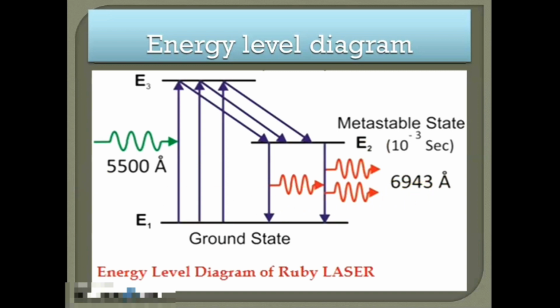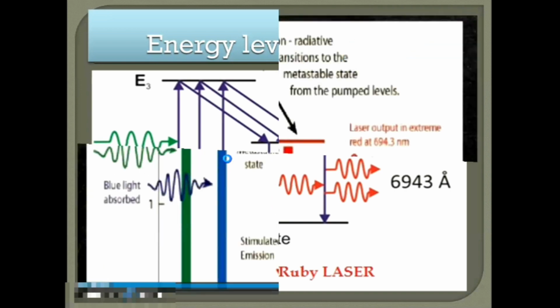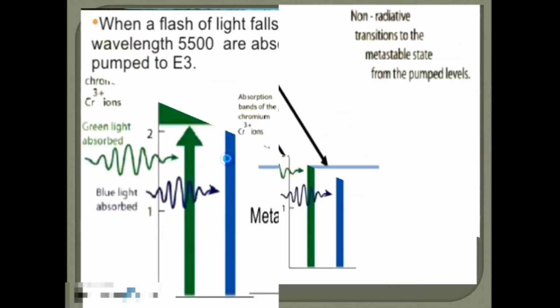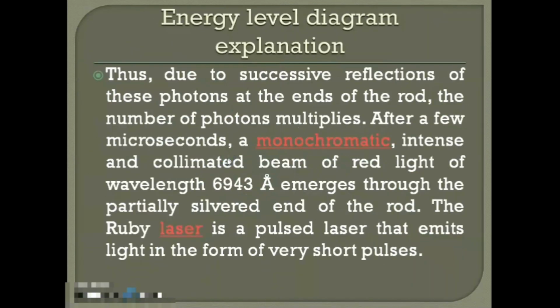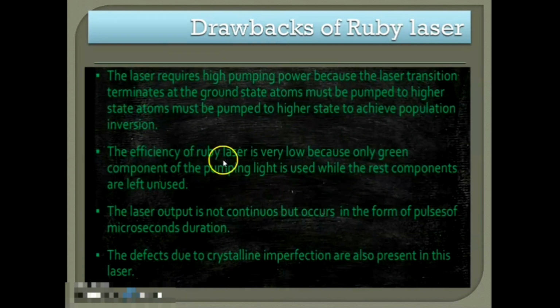So this is the explanation of the energy level diagram of Ruby laser, and now we will discuss the drawbacks of Ruby laser. The first drawback is that Ruby laser requires high power to excite the chromium ions from the low energy level to the high energy level.